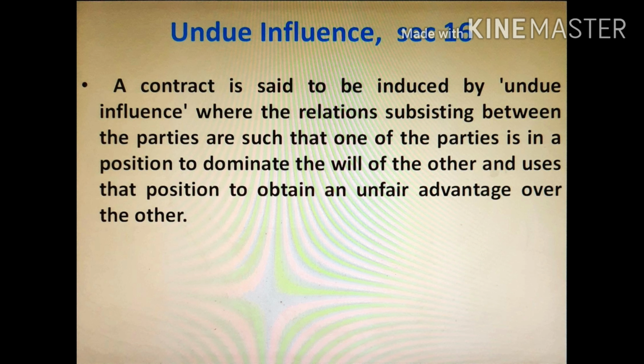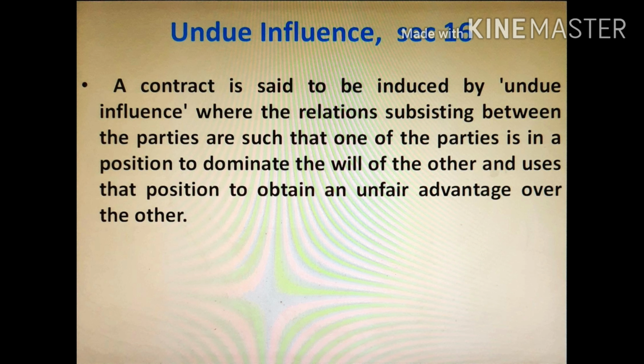So what is the doctor doing in this case? He is misusing his position to obtain unfair advantage over his patient, isn't it? So obviously the consent given by the patient is not free consent, as it is induced by undue influence. Got the point clear? First, there must be some relation between the parties.